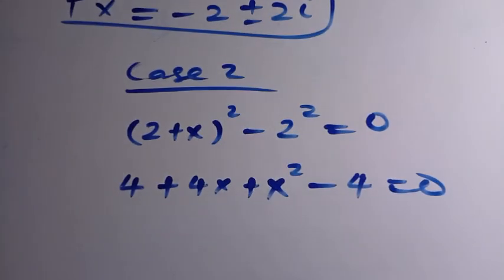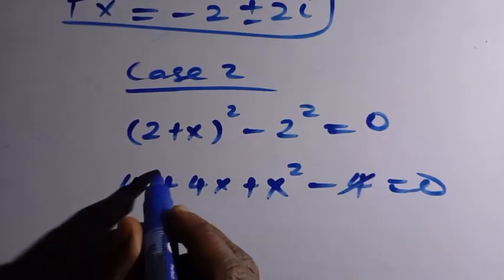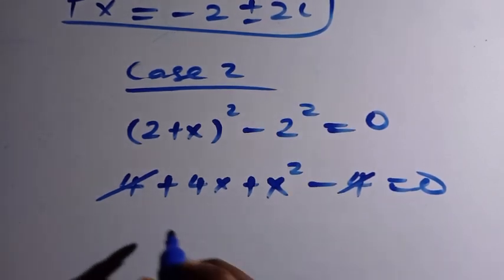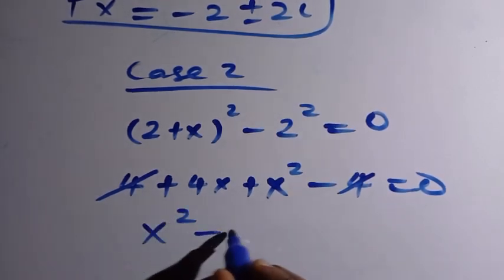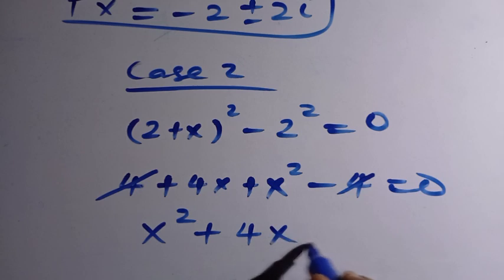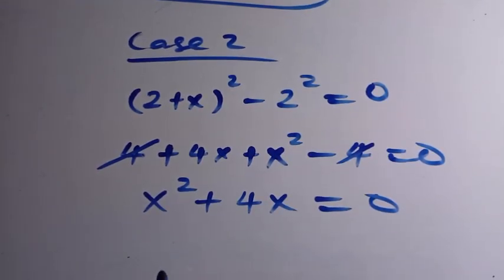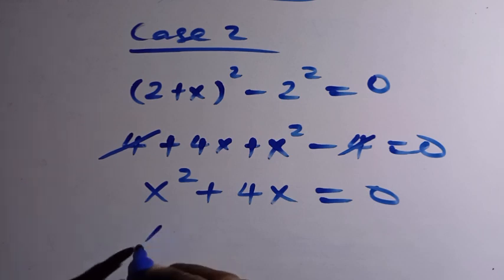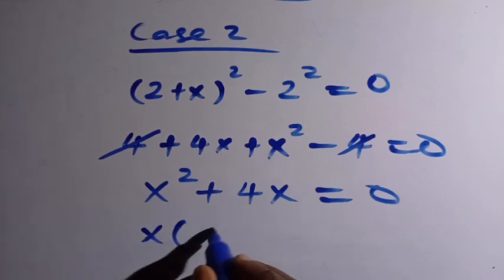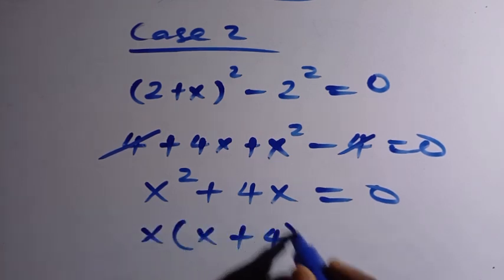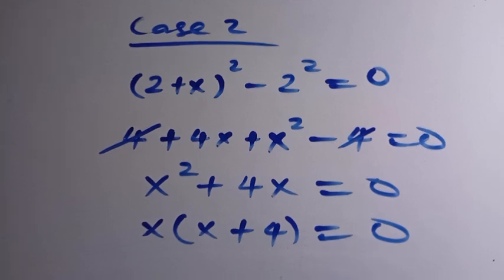Then 4 cancels 4, and here we have x squared plus 4x equals 0. Let's factor out x from here. We have x times the bracket of x plus 4 equals 0.